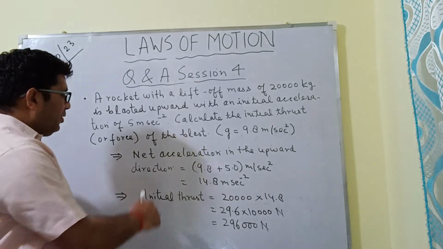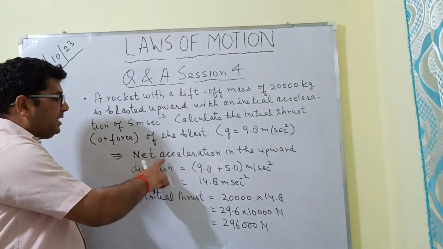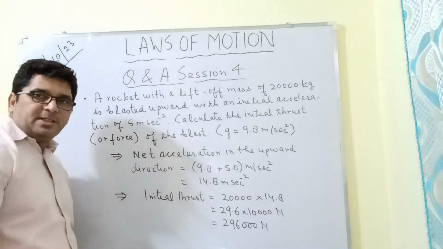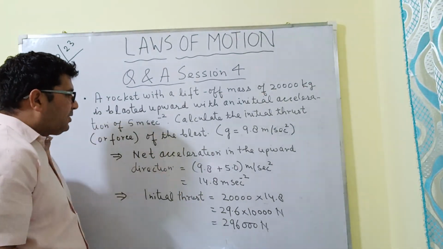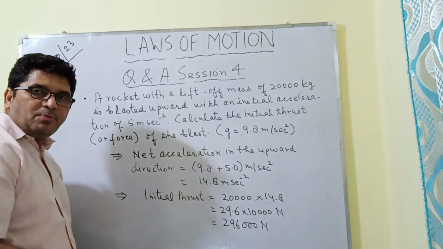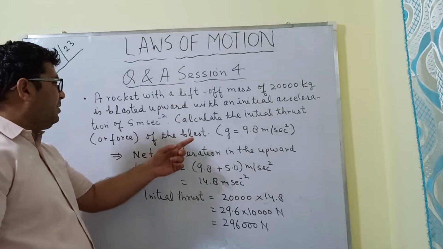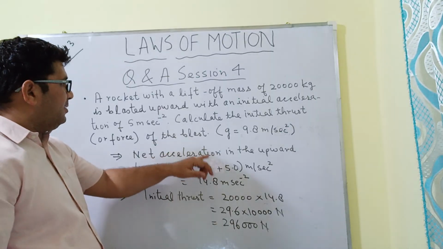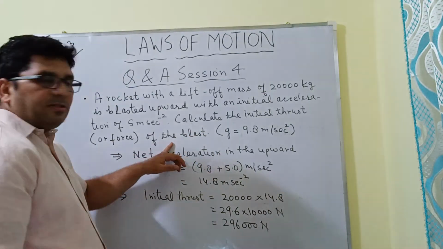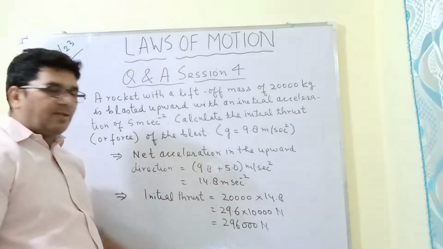The only important step in solving this question was finding the net acceleration in the upward direction, which comes out to be 14.8 meter per second square, because the initial thrust has to overcome the force of gravity.